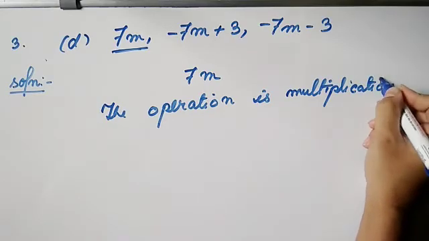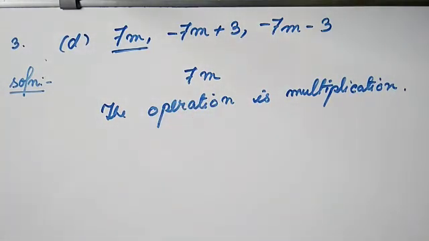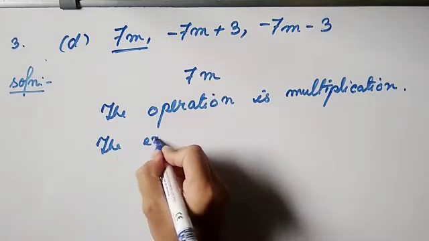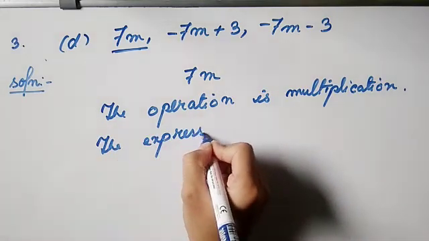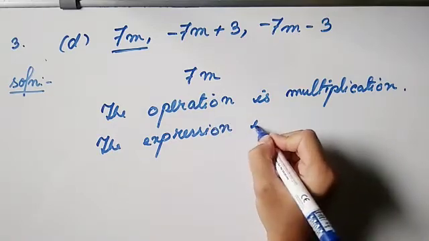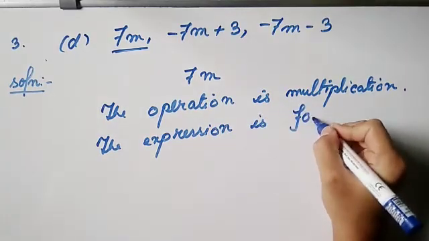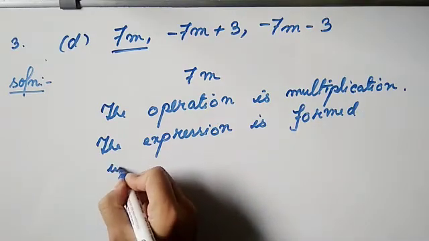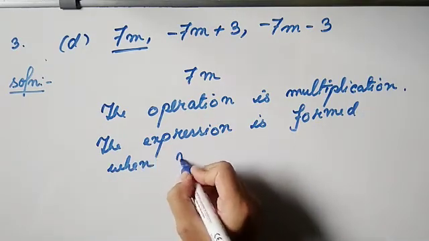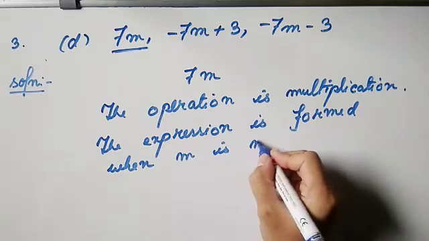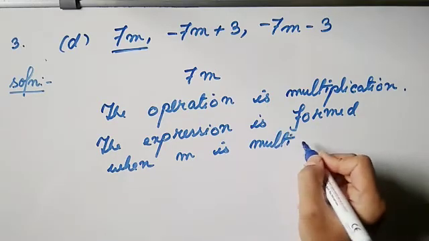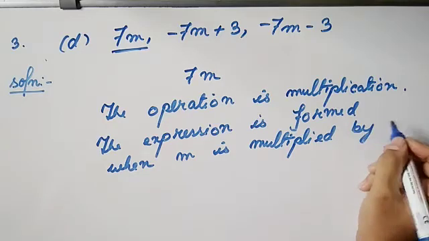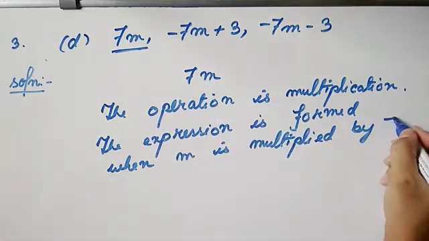Next, how is this expression formed? The expression is formed when m is multiplied by the number 7.